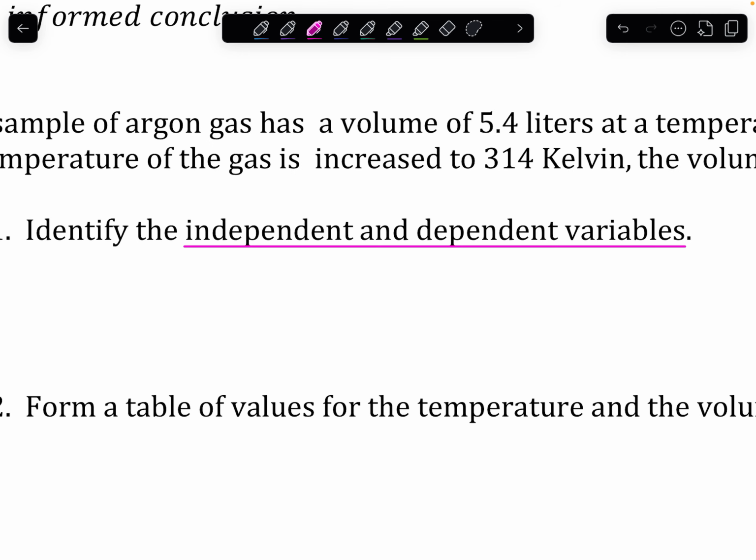As a review, the independent variable is the one that you can choose whatever you want for. The dependent is the one that is determined by that first variable. Think about a standard equation like y equals mx plus b: we pick whatever we want for x, plug it in, finish the algebra, and that algebra determines the y value.